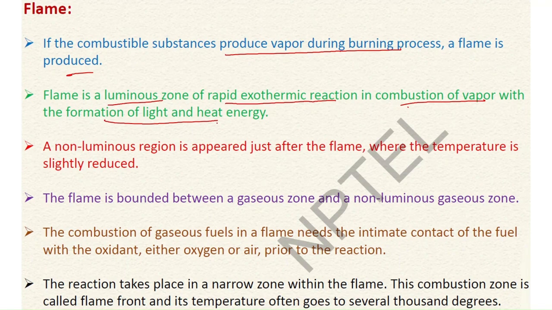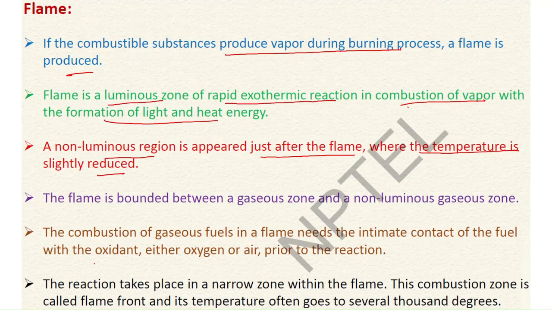It is a luminous zone because of the rapid exothermic reaction taking place during the combustion of vapor. It is followed by a non-luminous zone, which appears just after the flame, where the temperature is slightly reduced.